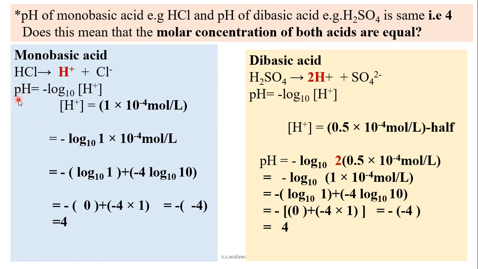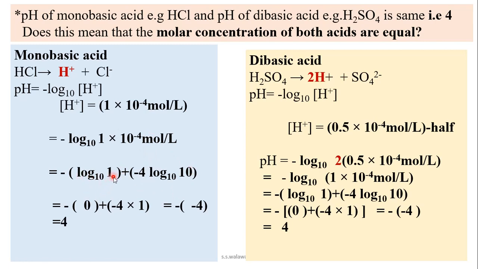See here, you know the formula of pH. pH is equal to minus log to the base 10 of hydrogen ion concentration. And suppose here the hydrogen ion concentration is equal to 1 into 10 raised to minus 4 moles per liter. Then if you substitute this value in this equation, you will get minus log to the base 10 of 1 into 10 raised to minus 4, and that is equal to minus log to the base 10 of 1 plus minus 4 log to the base 10 of 10.